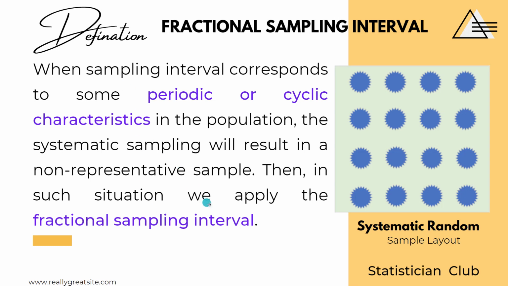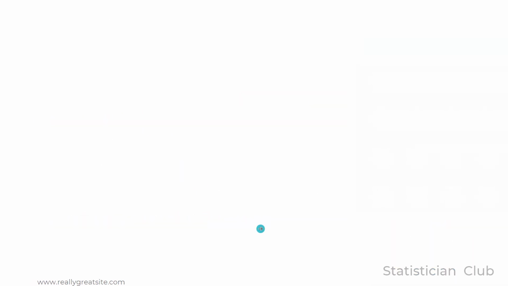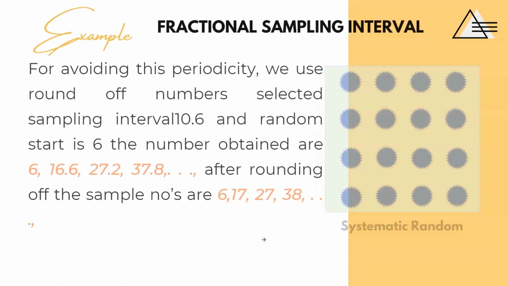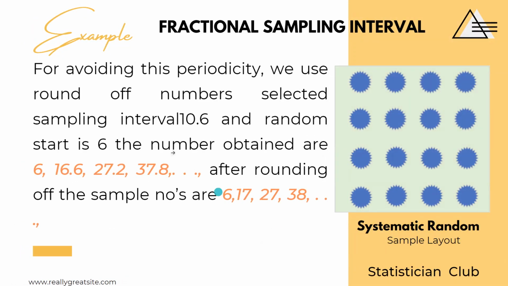For avoiding this periodicity, we use rounded-off numbers. Suppose we select a sampling interval of 10.6 rather than 10.